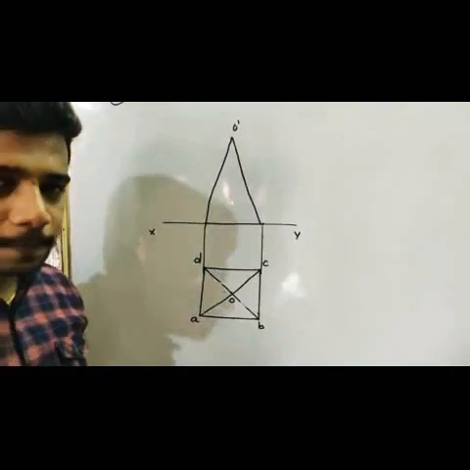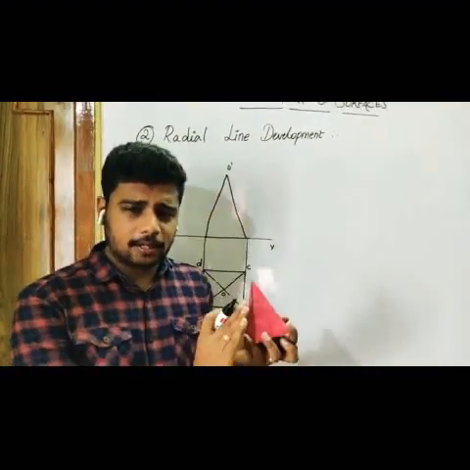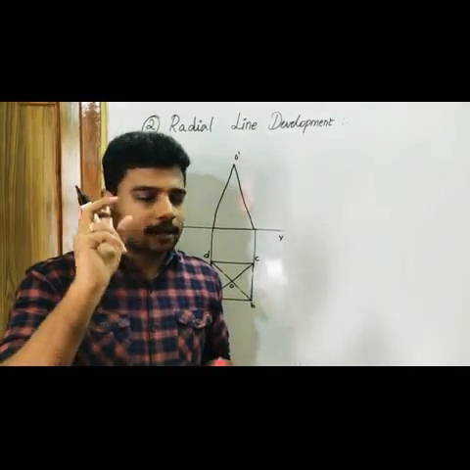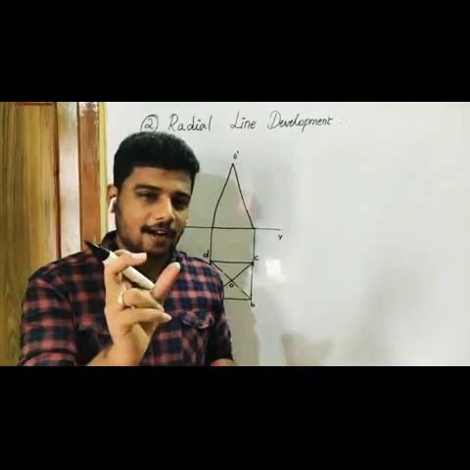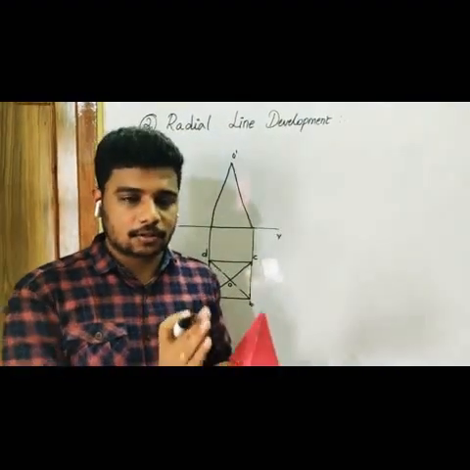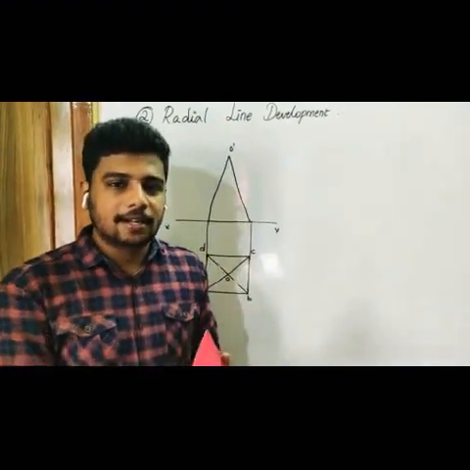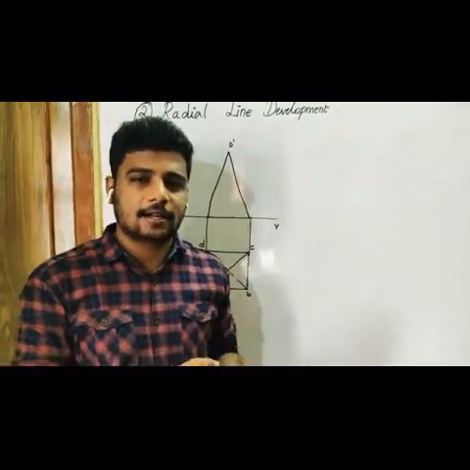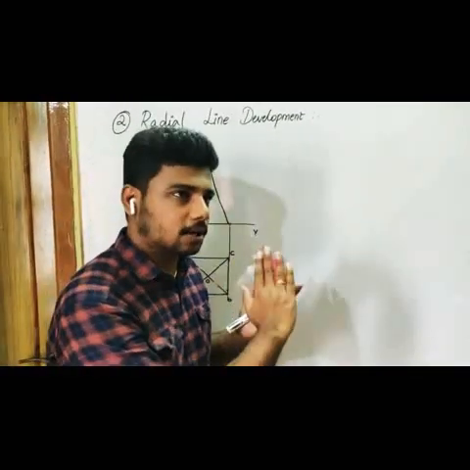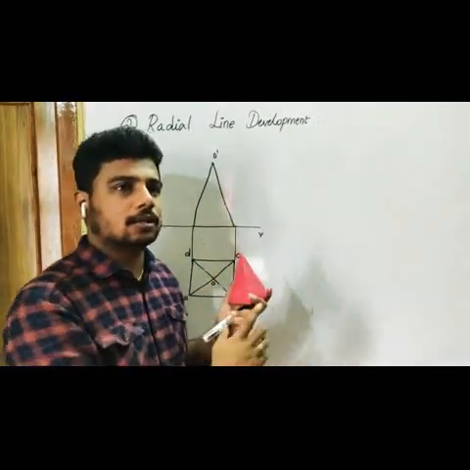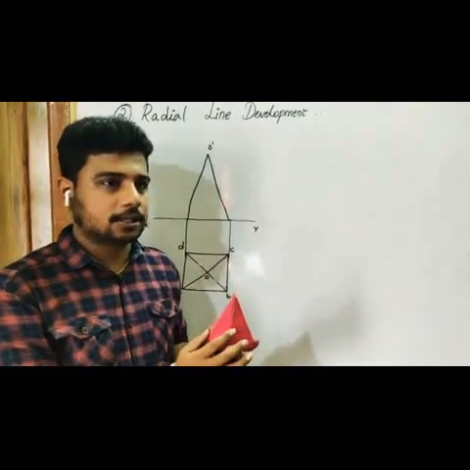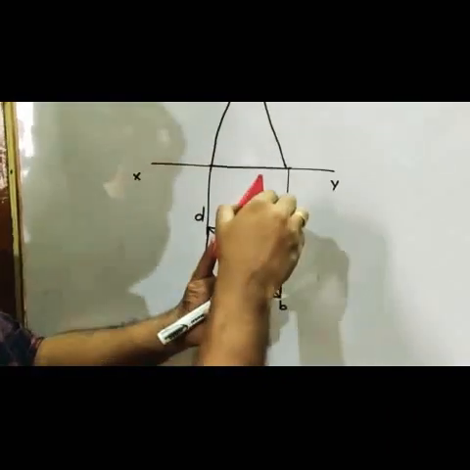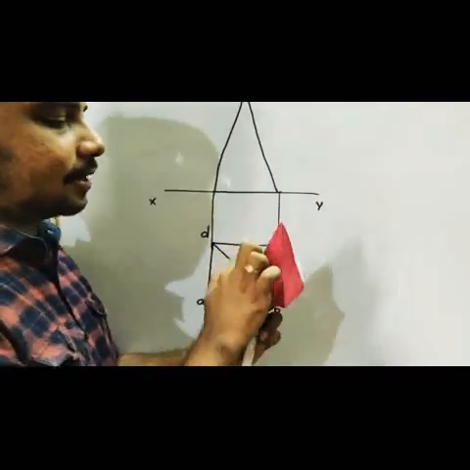I told you when you are making a development, unfolding or unrolling, whatever it is, it should follow the principle. The principle of development is that it should have the true length in the plane surface. So when you are developing into a 2D plane, it should have the true length. For parallel line development in case of cylinder and prisms, when you develop or unfold it, you can get the true length of the object when you keep it parallel to it, right? In case you take a pyramid and this pyramid has slant edges like this, right?